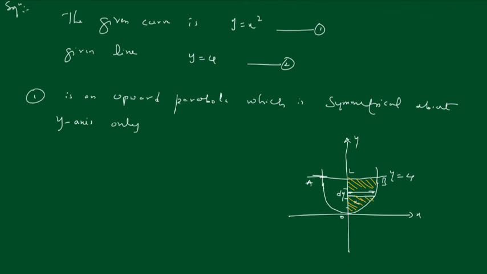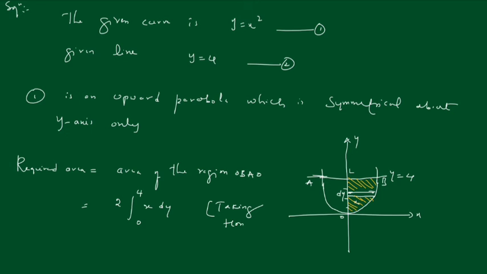So let's see the required area, which is equals to the area of the region OBAO, which is equals to 2 times integration 0 to 4 of x dy. Taking a horizontal strip here with respect to dy.